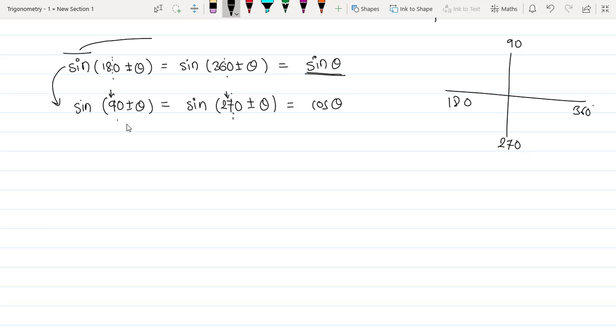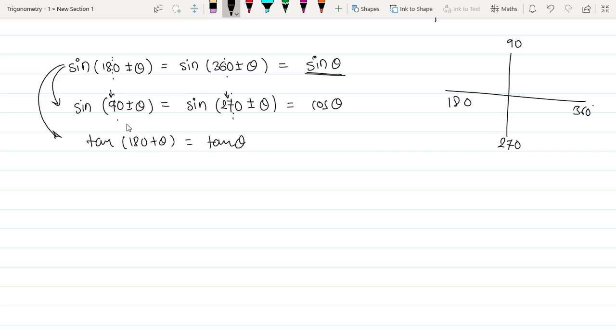Sine was there, so sine remained. If I write cos here, then I will get cos only on the right hand side. If I write tan here, I will get tan this side. If I get tan of 180 plus theta, this is absolutely equal to tan theta only.